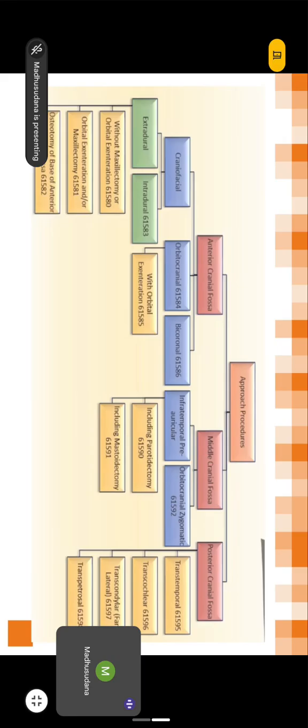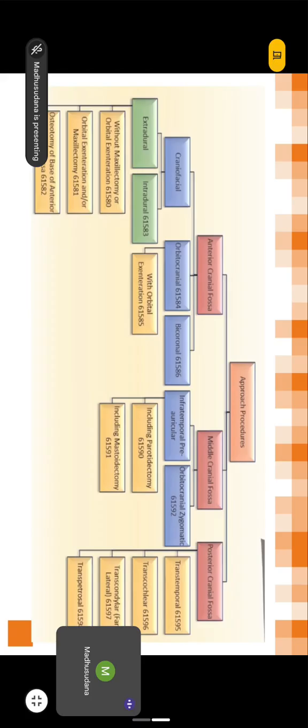Okay. And middle cranial fossa, it's infratemporal bone. Okay. So including parotid glands also, they are removing. Parotid glands means it is related to salivary glands. Okay. And orbitocranial zygomatic bone is there, right? So this belongs to the mid cranial fossa.